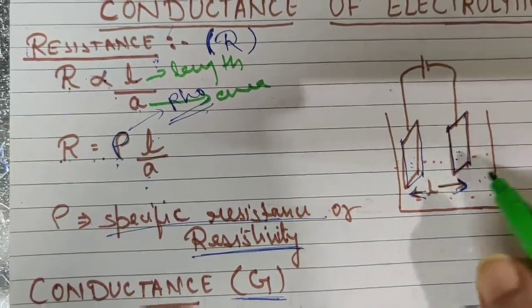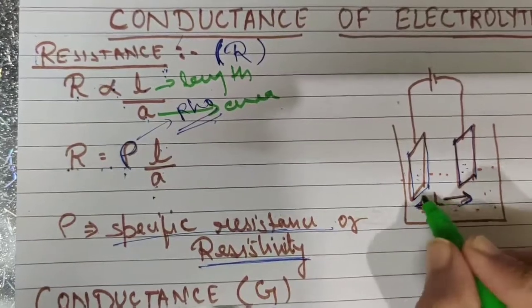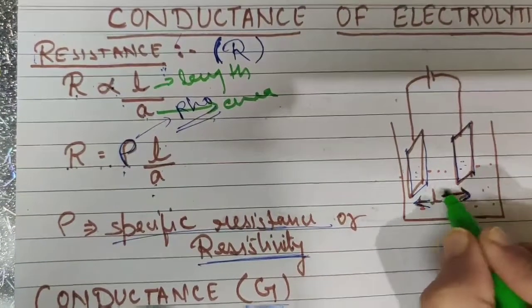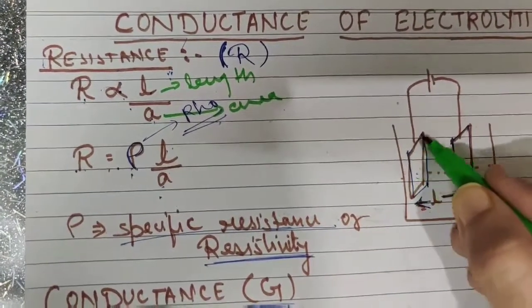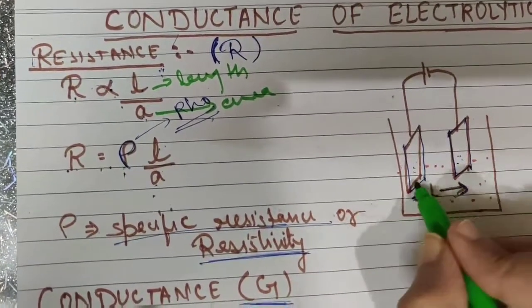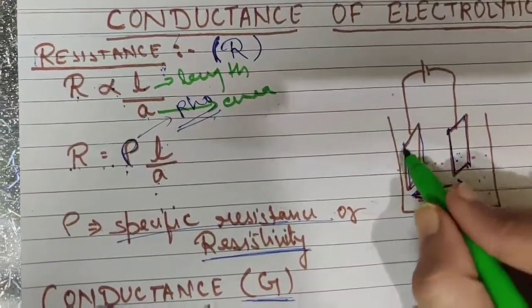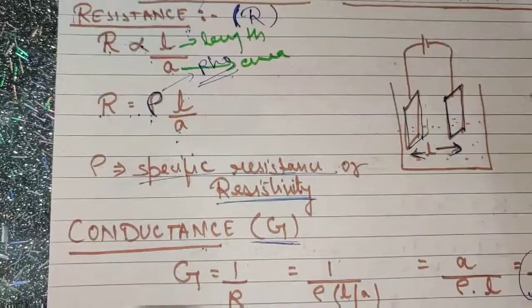As you can see here, two electrodes are here, and the length means the distance between the two electrodes, and area means the area of this sheet which is being used as electrode here.